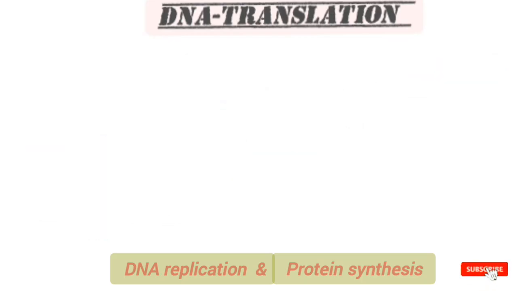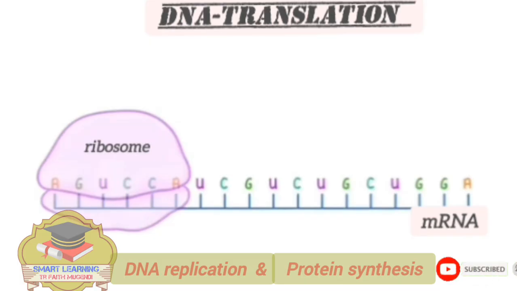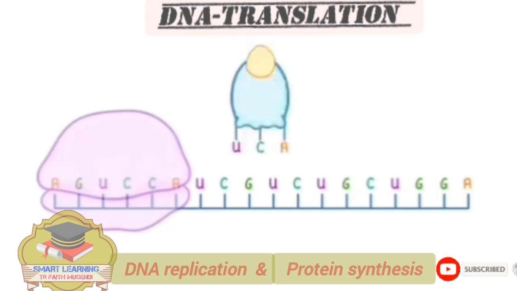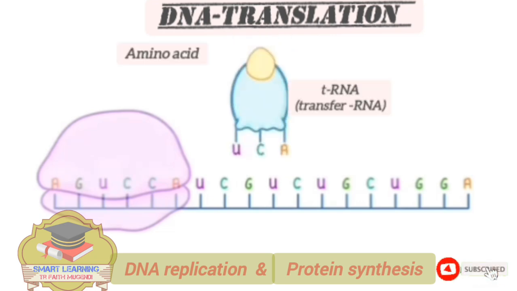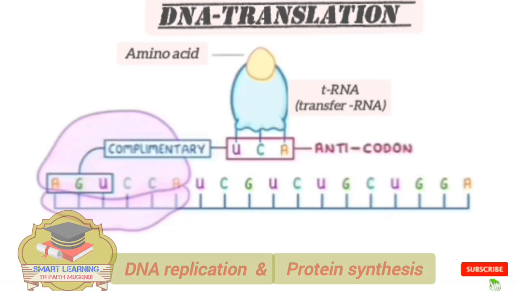The translation begins with our messenger RNA attaching itself to the ribosomes and starts adding one amino acid at a time. The codons, which code for the amino acids, are read with the help of another type of RNA called transfer RNA.